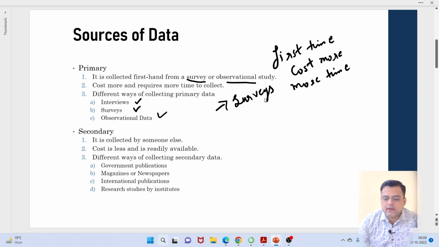And then we have experimental data. In experimental data, the researcher conducts an experiment controlling the independent variable, and this is basically used in your field study or laboratory.